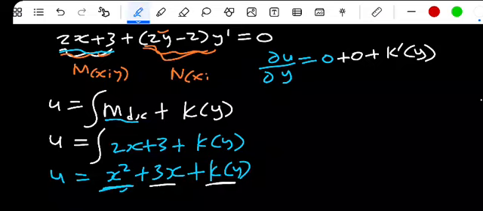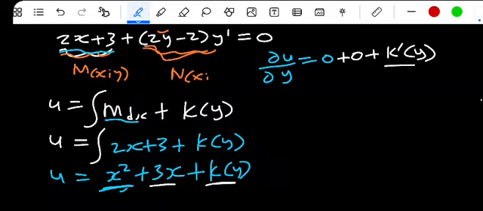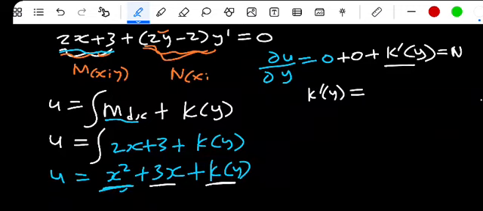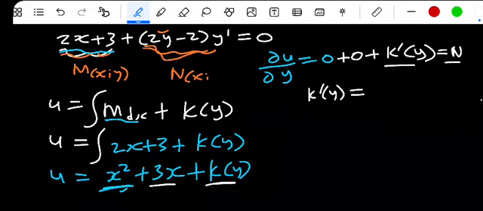this equals N. So we have k prime of y equals N. What is N? N is 2y - 2.